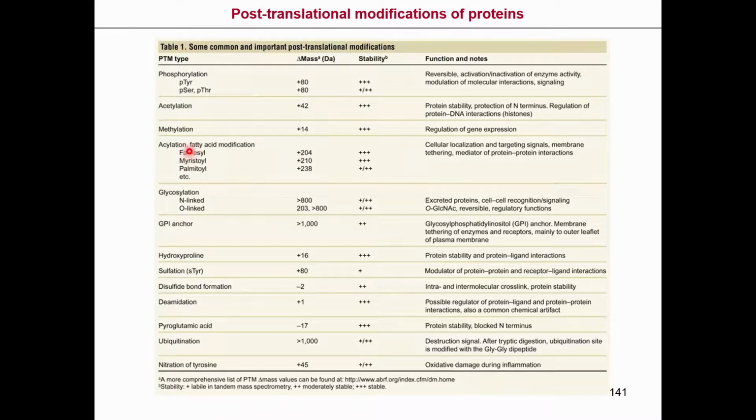We will see that it's very important because if you want to have proteins in the membrane, you should have fatty modification. Glycosylation is involved in cell-cell recognition. And we will see that it also gives, for example, the blood groups, and so on. Okay, ubiquitin, you have all these kinds.